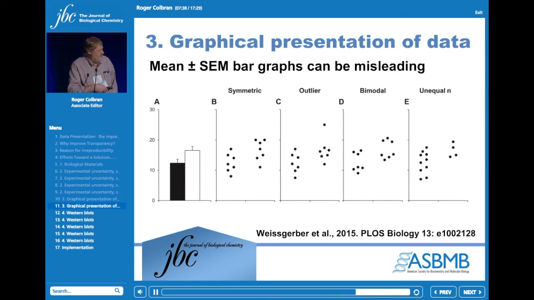And if you see things where there's an outlier point or there's some bimodal distribution, that can tell you a lot of information about the biology going on, and it's something the reviewers want to see, and something the readers may want to see. And so again, the issue is to be transparent in what you're reporting and report the actual data through the use of scatter plots.